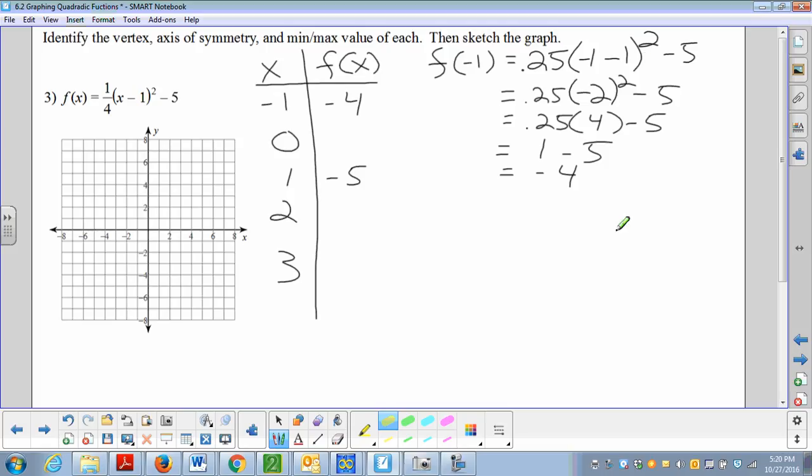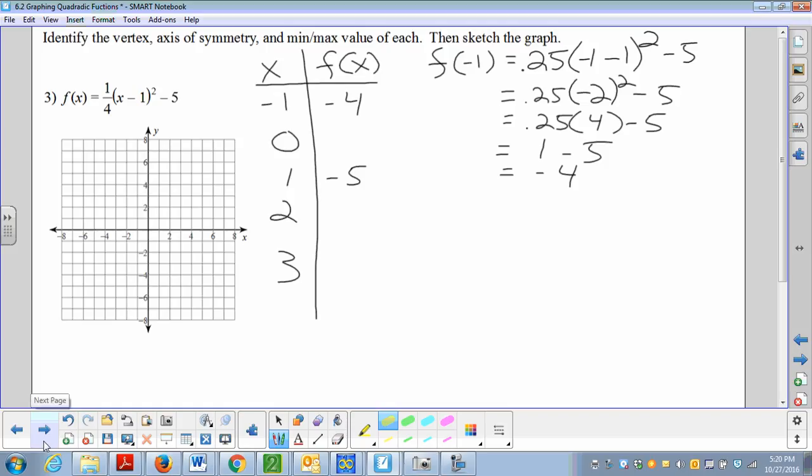Okay, so I plug in my -1, subtract and get -2, square that, and I get 4. Multiply that times 0.25. That's going to give me 1, and 1 minus 5 is -4.